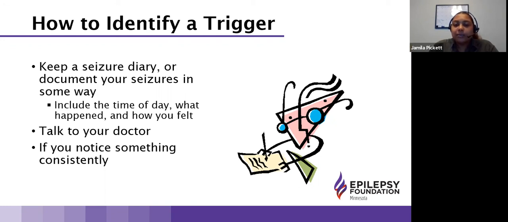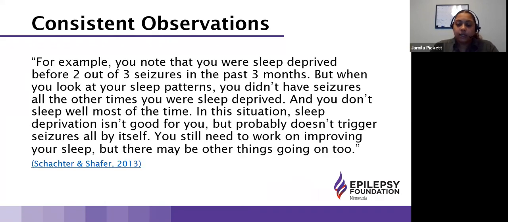And if you notice something is happening consistently, that may be a sign that it is a trigger. So in regards to that consistent observation piece, I pulled this quote from Epilepsy National, and I really think that it's a good example of what you should think about when you're trying to figure out if something is a trigger. For example, you noted that you were sleep deprived before 2 out of the 3 seizures in the past 3 months.